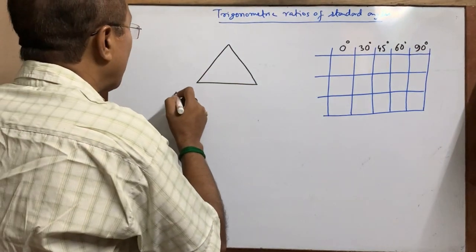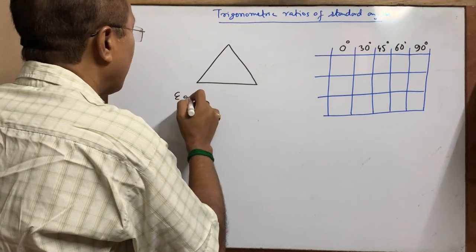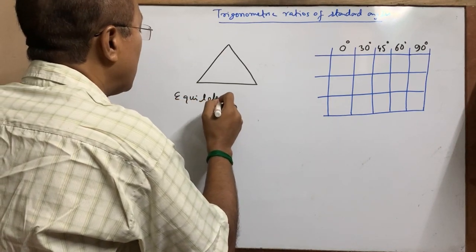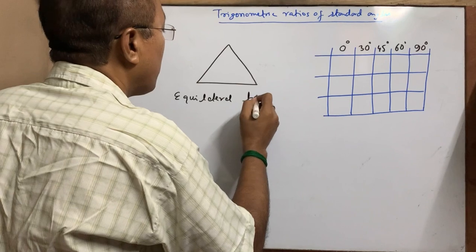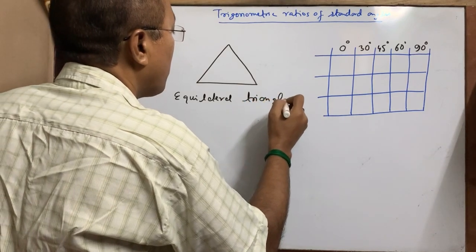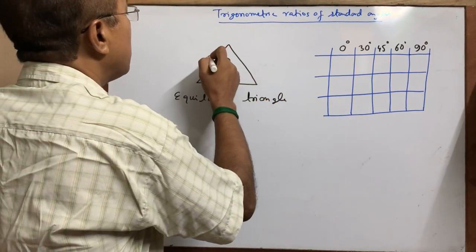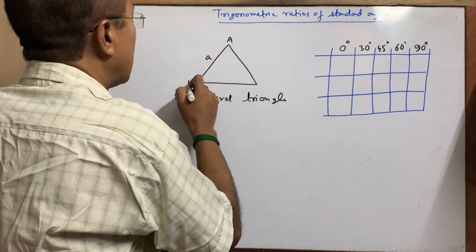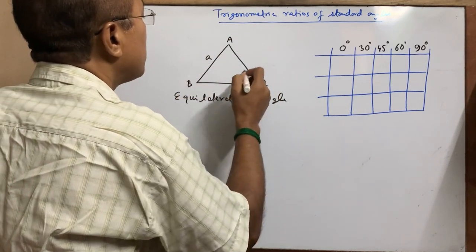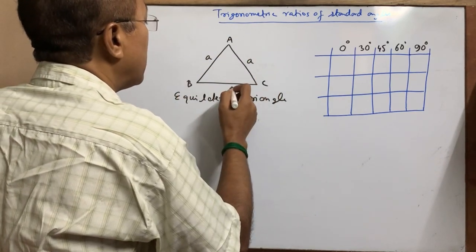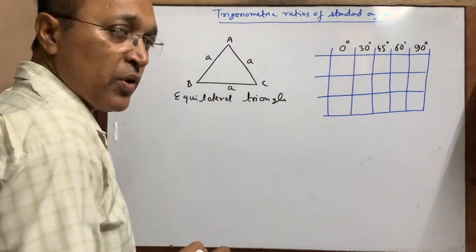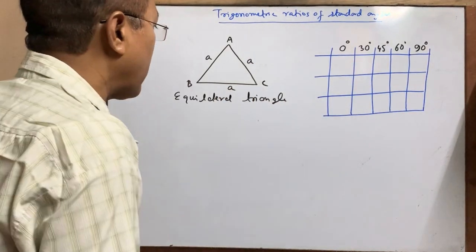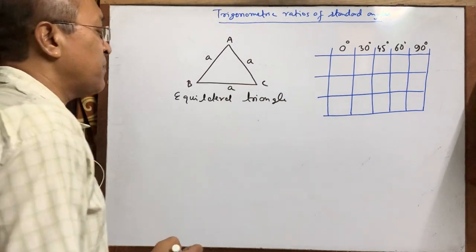So I am drawing an equilateral triangle. Say this one is A, B and C, each side being a unit. Each side of the equilateral triangle being a unit.